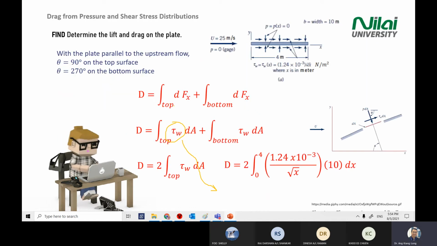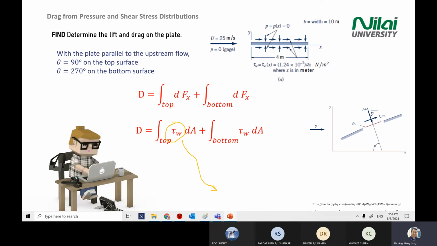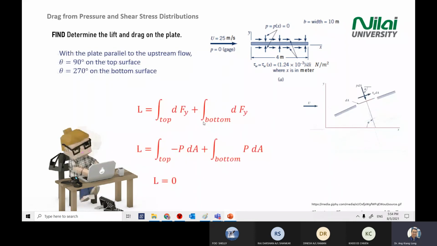Okay, I go back to the previous example. When you calculate forces for lift, because the pressure direction is perpendicular to the x direction, the forces you have here are pressure and drag.